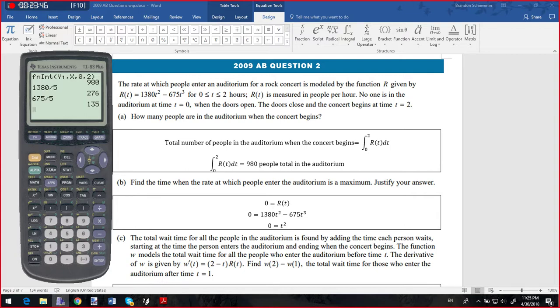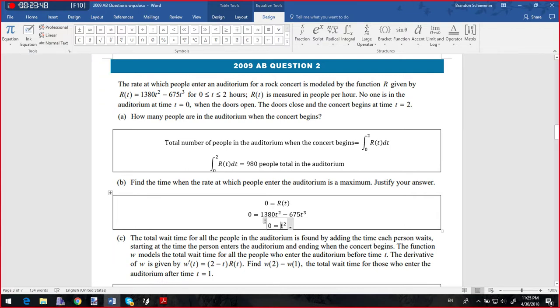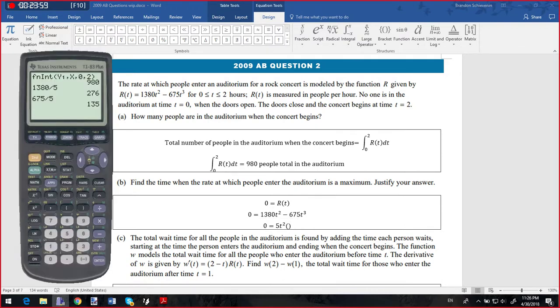Okay, again, so I'm going to pull a 5 out too. So that was 5t squared times 276 minus 135t.